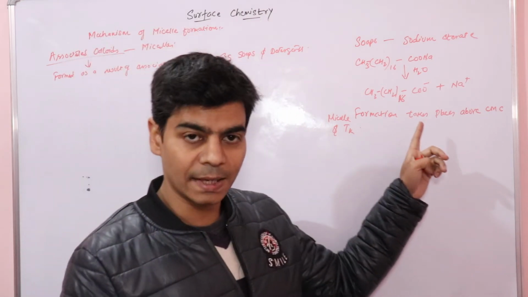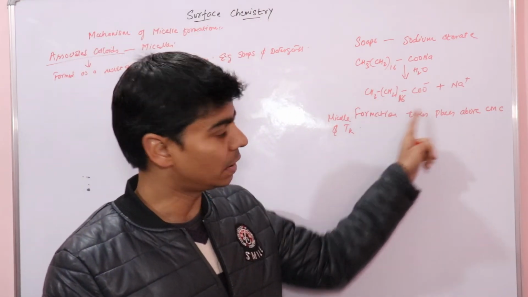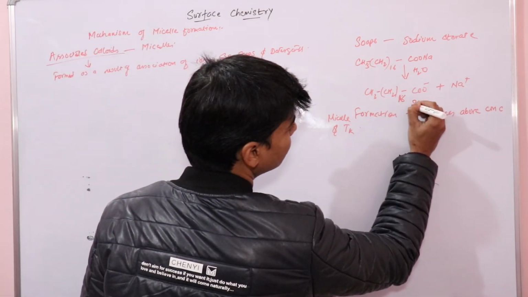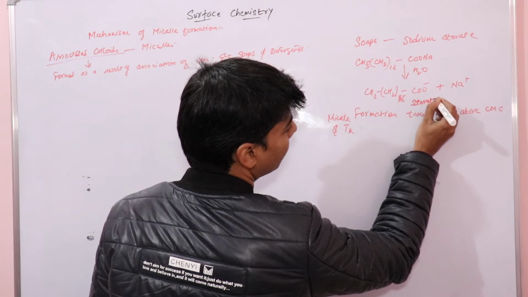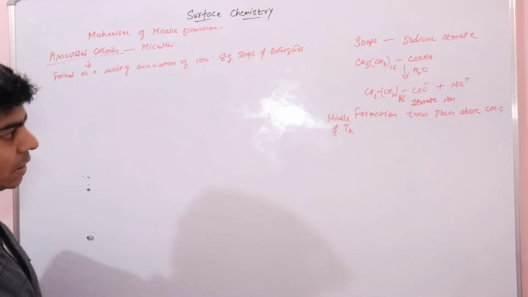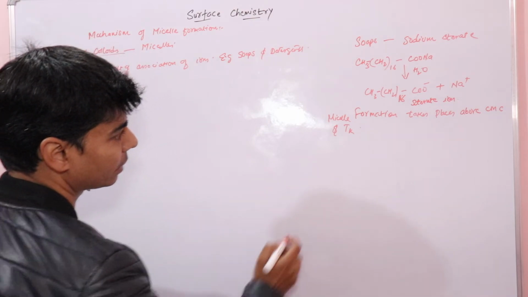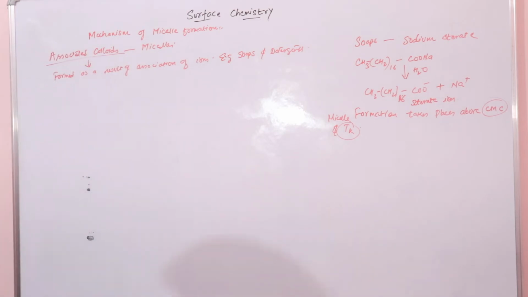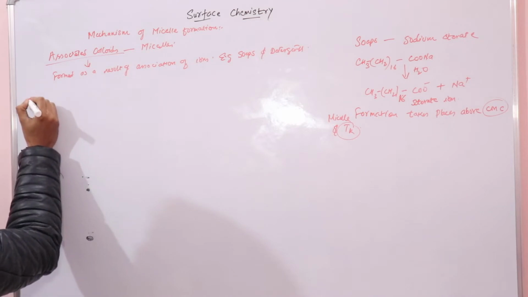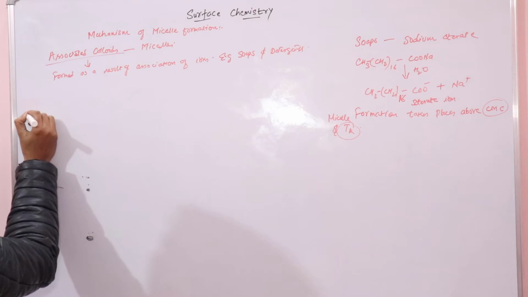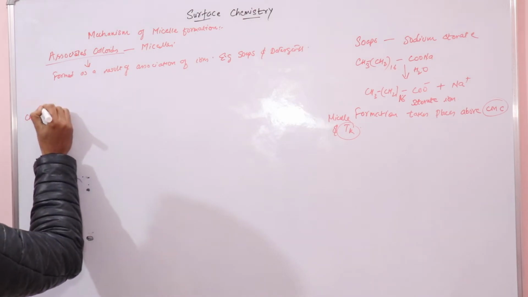To understand micelle formation, we have to understand the structure of this anion, in this case the stearate ion. Just remember these two things, CMC and TK. This is important. Let's draw the structure here. This is CH3.